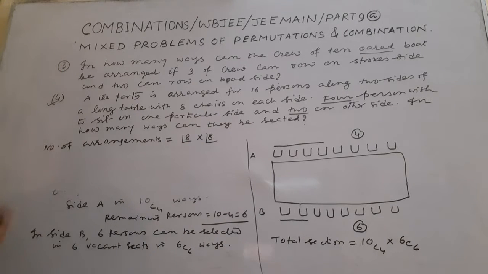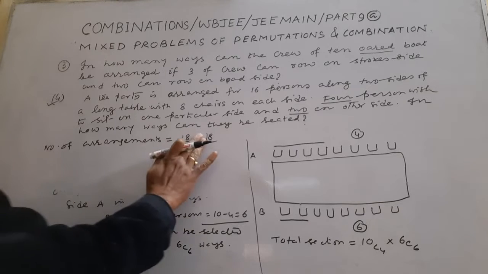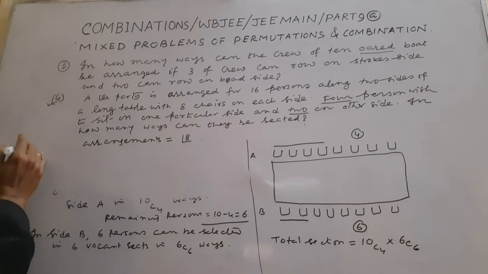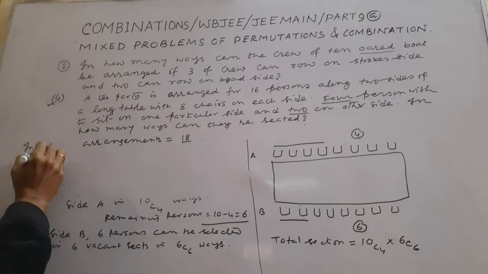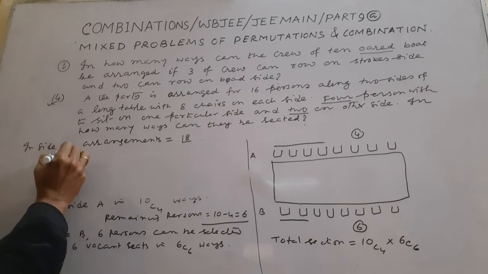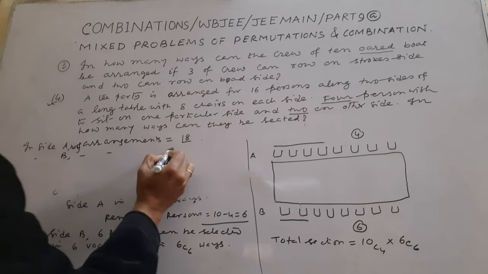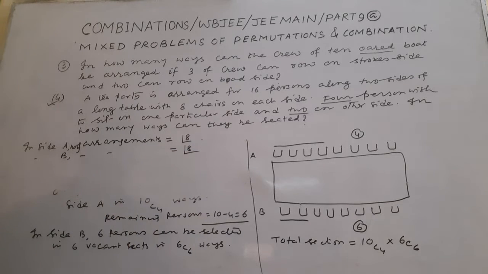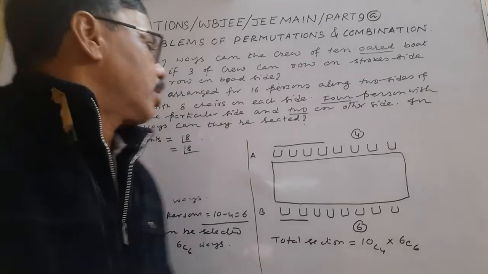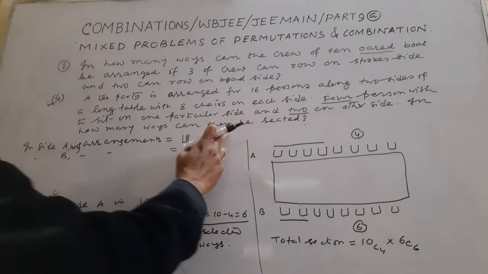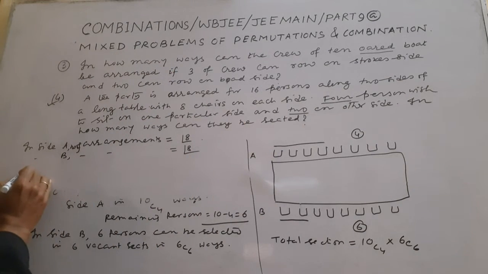Inside A, number of arrangements is factorial 8. Inside B, number of arrangements equals factorial 8. So, how many ways can they be seated?